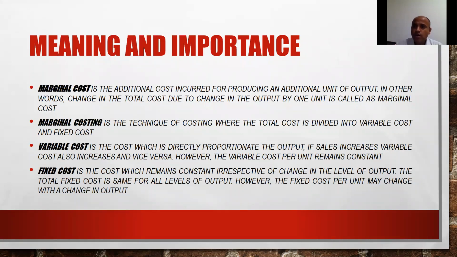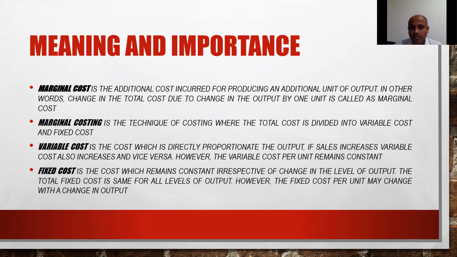So for each unit, how much are we spending? It is 1 rupee. What is happening? You can observe that the fixed cost in total is constant. However, the fixed cost per unit is not directly proportionate, it is inversely proportionate. So when your output is increasing, per unit fixed cost is decreasing. When the output is decreasing, per unit fixed cost is going up.